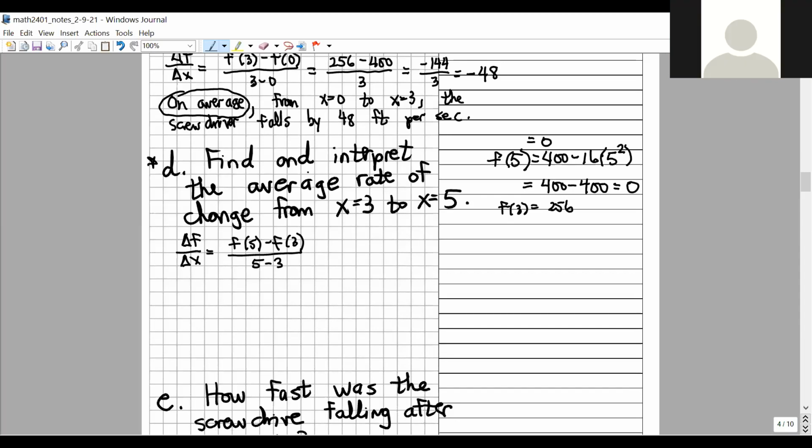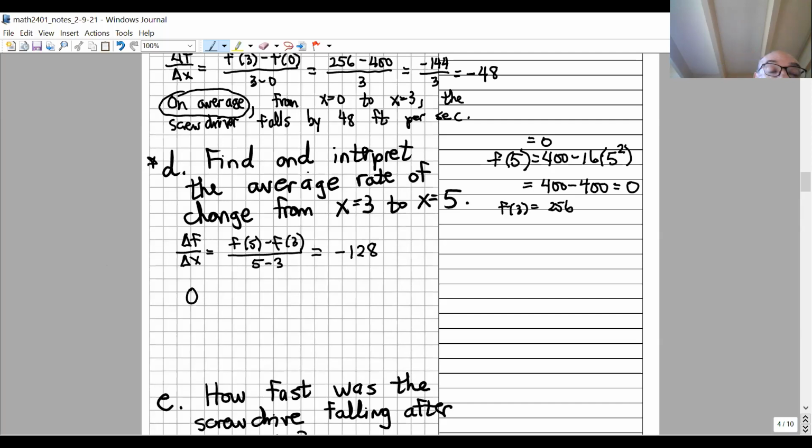Yes, I got that too. So minus 128. We can almost do that in our heads. That tells us that from the 3rd second to the 5th second, on average, that's important, from x equals 3 to x equals 5.